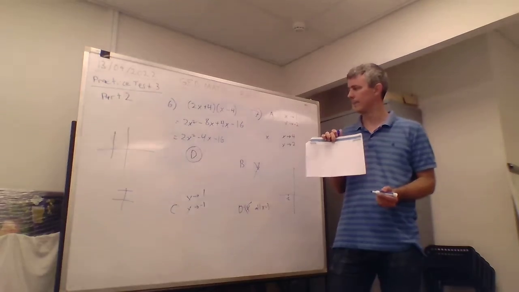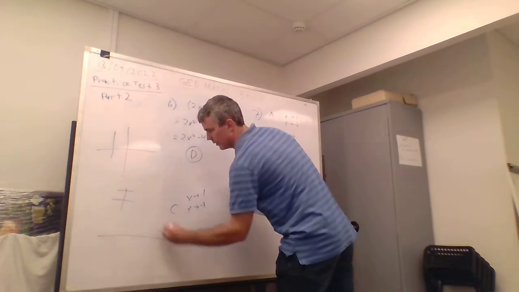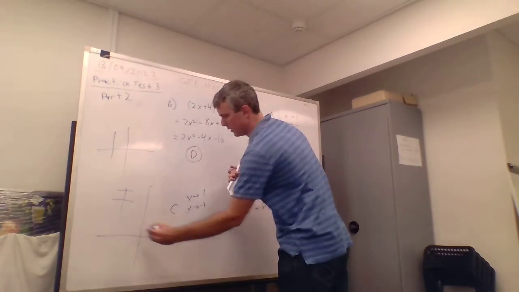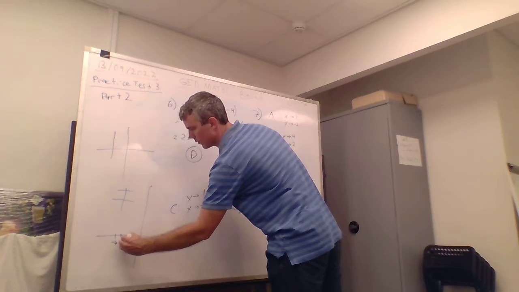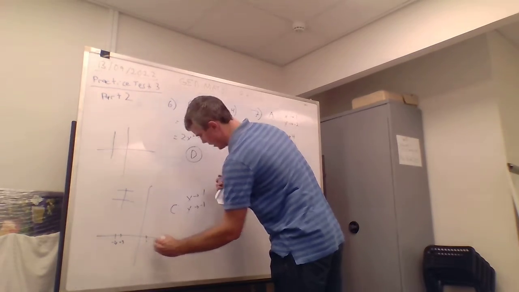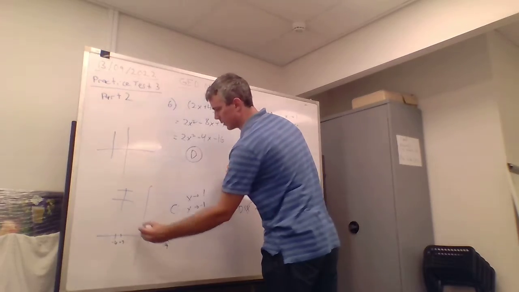So what A looks like is something like this. We have minus 4, minus 3, 1, and 4.